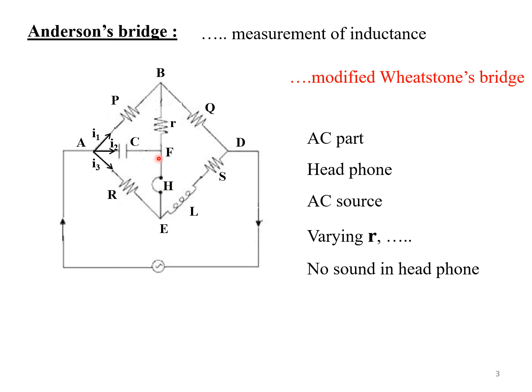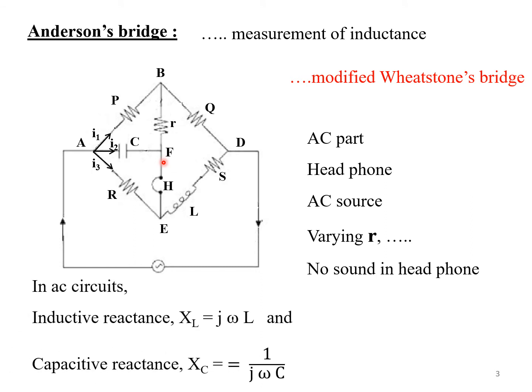No current flows in this particular part of the circuit FE when the potential at F is equal to the potential at E, and that particular condition is what is known as the balancing condition for the bridge.